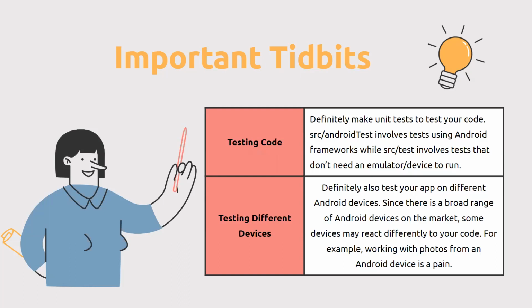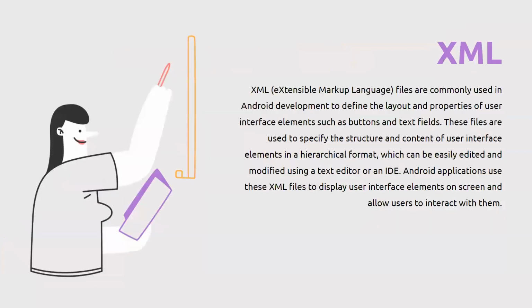An anecdote would be that retrieving photos from an Android device might be different. If you try to rotate it, it might look different compared to another device. That's something I found was a big pain.